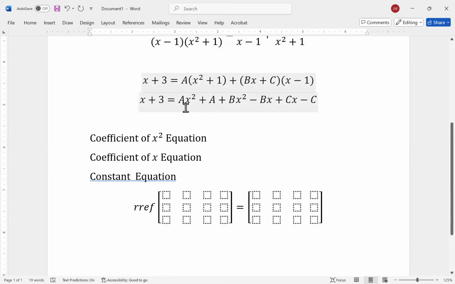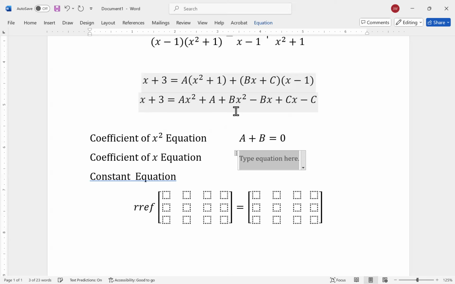The coefficient of x squared, I have A plus B on the right-hand side, and on the left-hand side I don't have any x squared, so that's just 0. The coefficient of x: I have minus Bx plus Cx, so the coefficient of x is negative B plus C, and that's equal to 1 on that side.